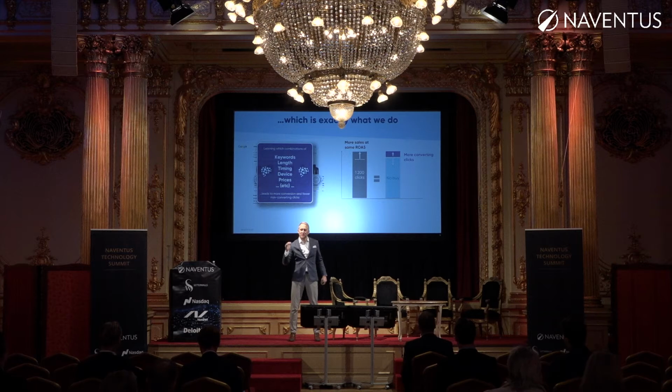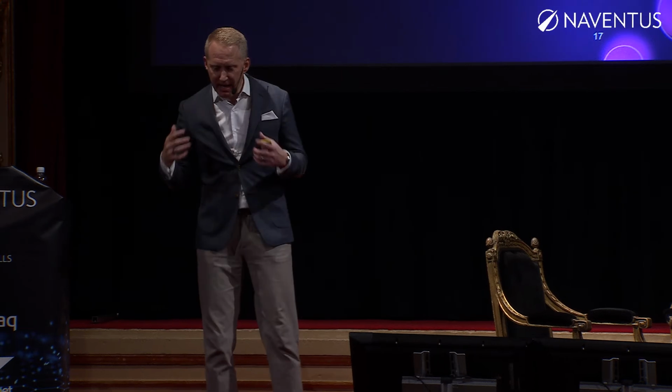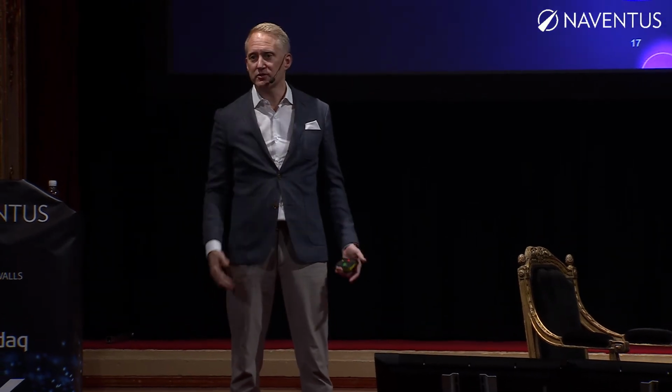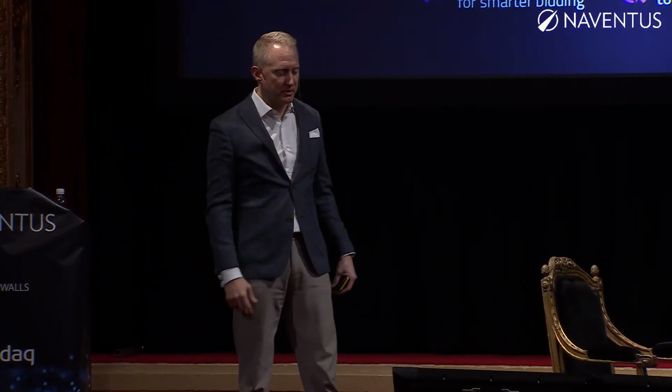And this is what our service, BidBrain, is doing. BidBrain is an AI-based SaaS solution that we launched a little bit over a year ago. It does granular bidding based on all these parameters that I've been talking about and more, trying to improve the ROAS, the return on investment, for the e-commercer, but also increasing the sales at the same ROAS.